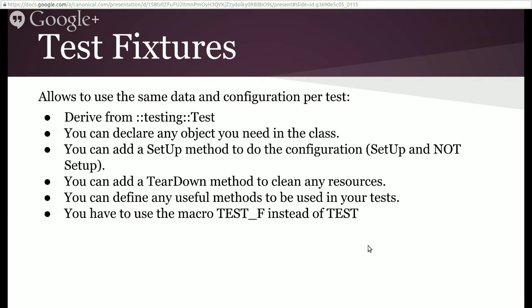Now, once you start using test fixtures, which by the way I forgot to mention, they have to derive from a specific class being testing test, you can use a macro similar to the test macro we were using, but this time it's going to be called test_f, and that's because simply C++ macros don't allow you to have the same macro name for different parameters, which is quite obvious for a developer, right?